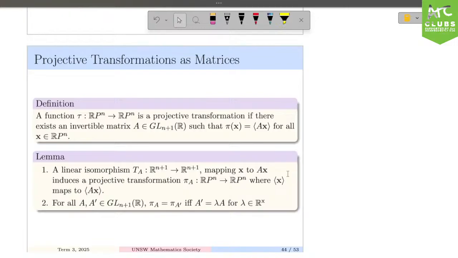So this means that the set of projective transformations is isomorphic to the set of invertible matrices modulo the non-zero real numbers. Again, this means that we're kind of doing all of the transformations and coordinates in a space one-dimension higher with redundancy, which is kind of messy but useful.